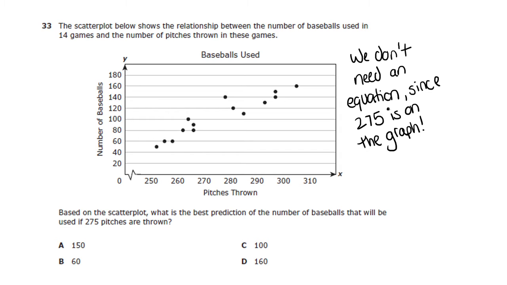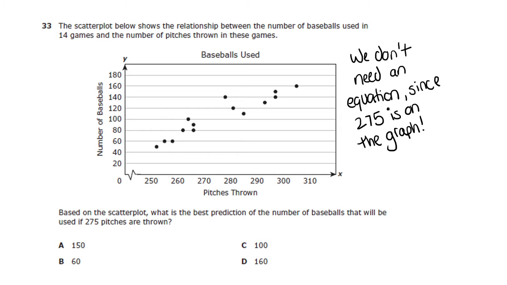Now, normally, we would want an equation for scatter plots, which would mean we would need to go and type at least 2, 3, 4 points into our stat key and do stat count 4. And we know it's going to be linear because it's making a straight line. Now, I said normally. That's because when we're asked to make a prediction, we don't know the number.